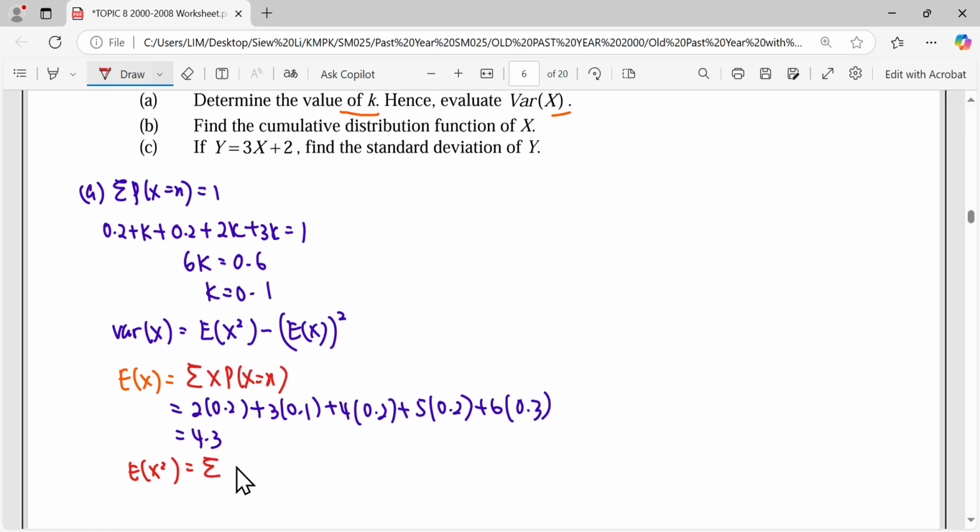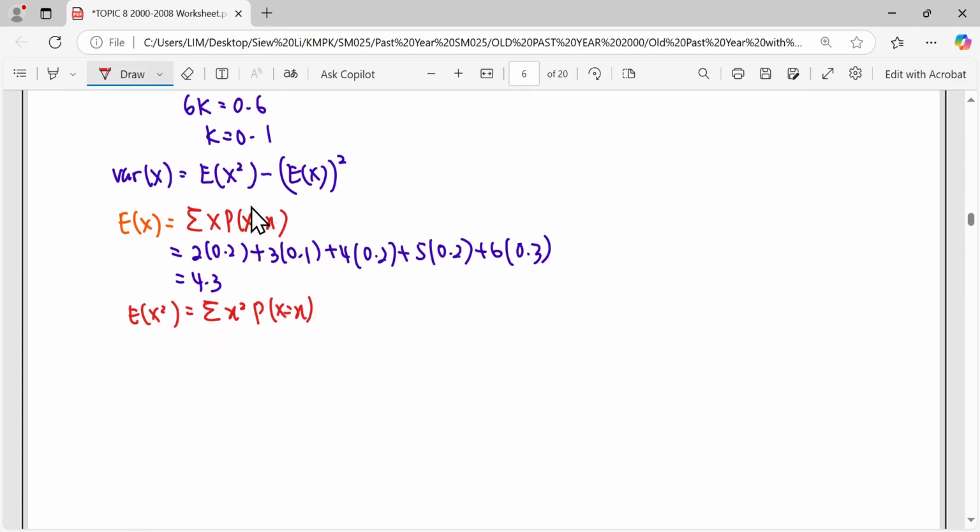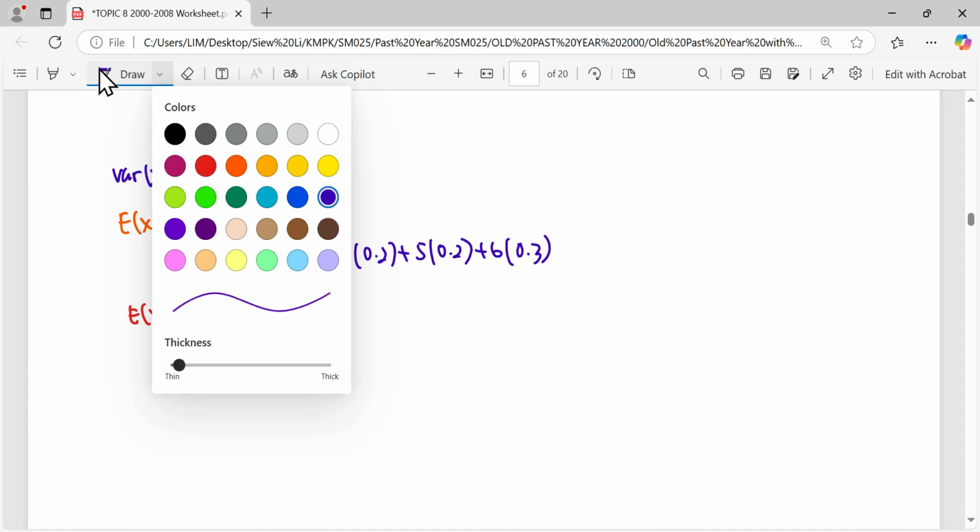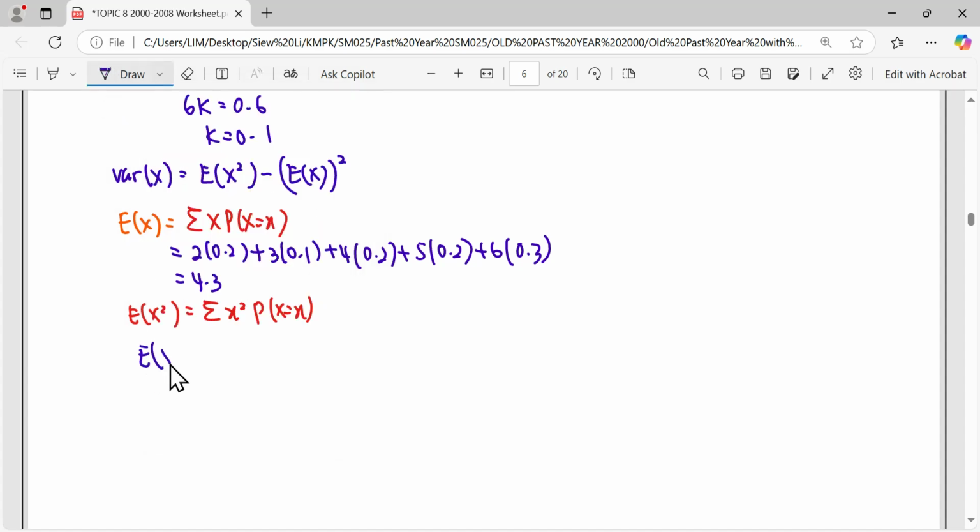Then we move on to find E(X squared). The formula is the summation of x squared times probability. This formula is only applicable for a discrete random variable. So now we find E(X squared). What it means is that your random variable has to be squared, then you multiply it with your probability, plus the total of each random variable squared times probability.